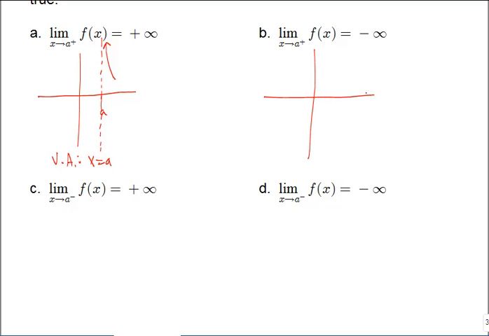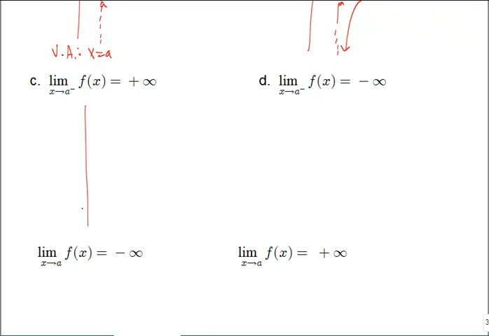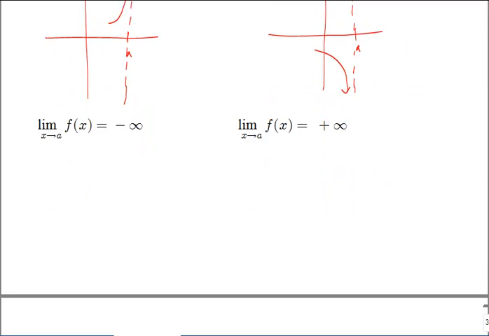If you came from the right-hand side of a and instead your graph was shooting down towards negative infinity, we would still classify this line x equals a as a vertical asymptote. If we come from the left side of a and the graph shoots up, or if we come from the left side of a and the graph shoots down, then that's a vertical asymptote at x equals a.